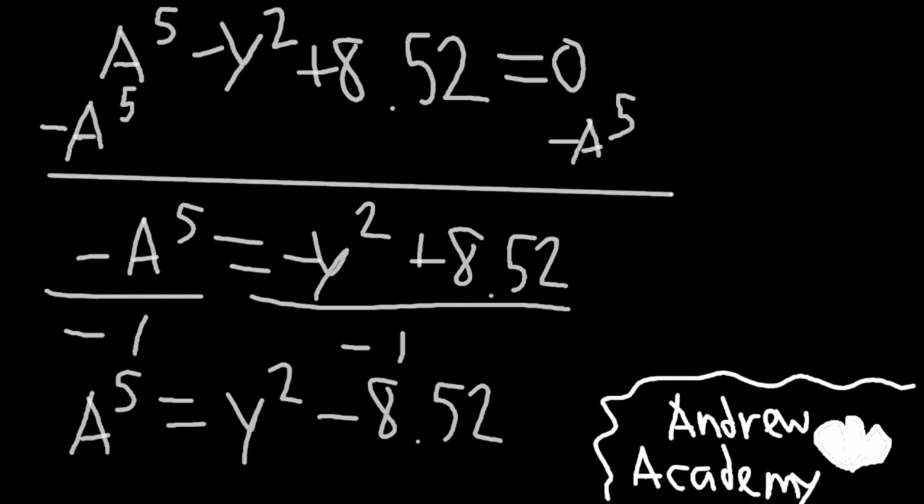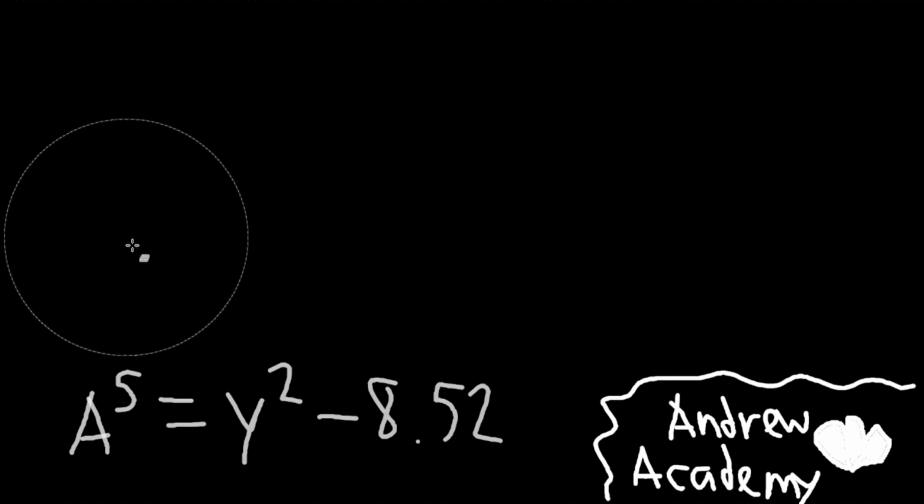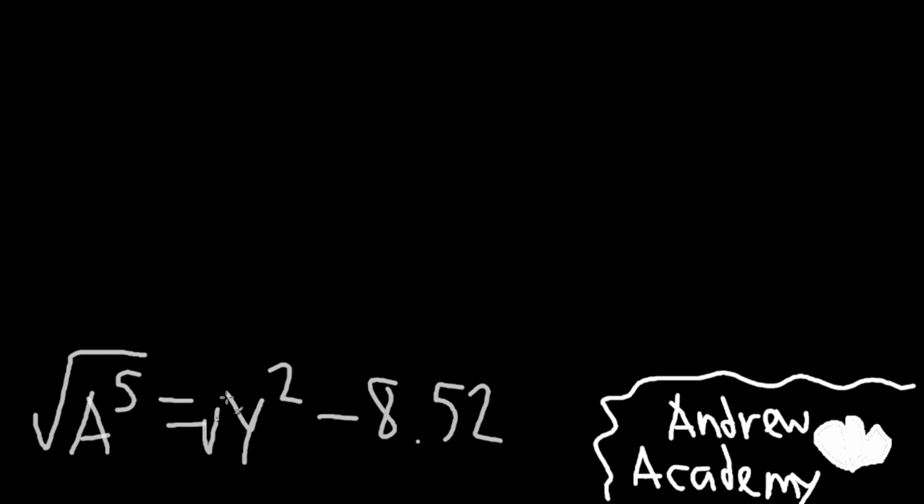Here we go. We've narrowed it down a bunch now. Let's just do this real quick. Hold on, give me a sec. And here we go. Okay, so we're just going to erase this top part right here. Now what we can do is take the fifth root of both sides of the equal sign.